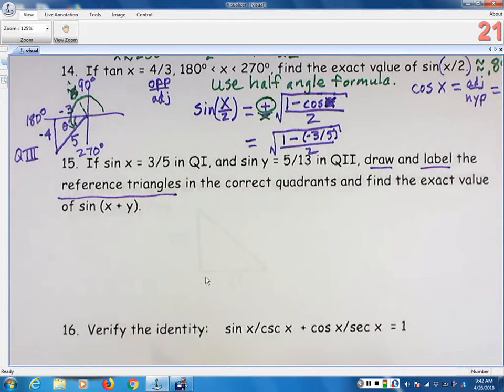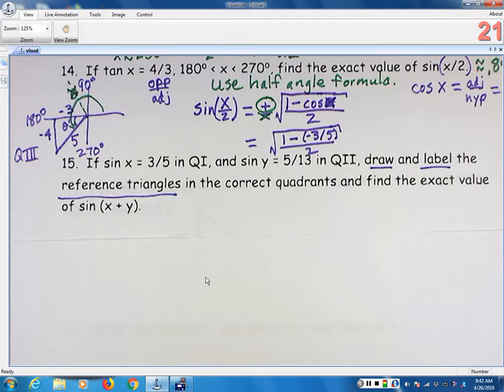Reference triangles are against the nearest x-axis. So, do we need to work it? Probably. You guys aren't saying anything. Okay. All right, so we're going to draw them in the right quadrant.